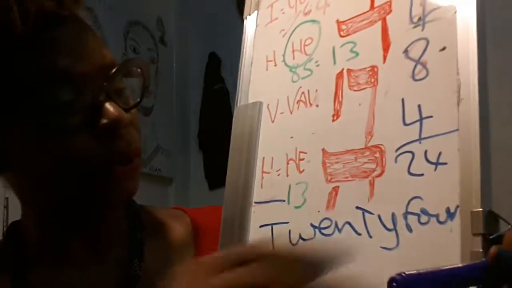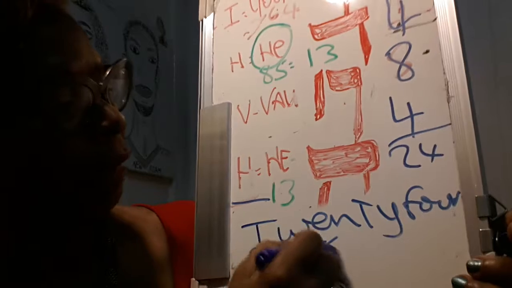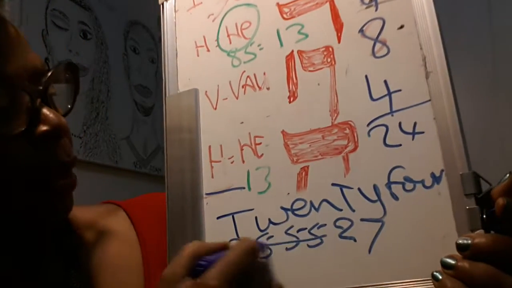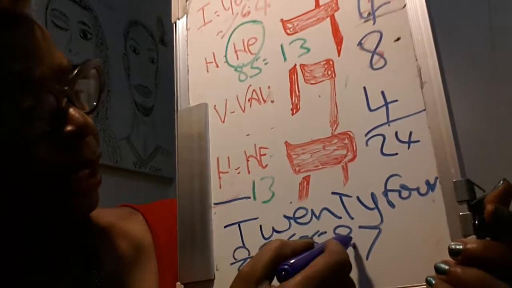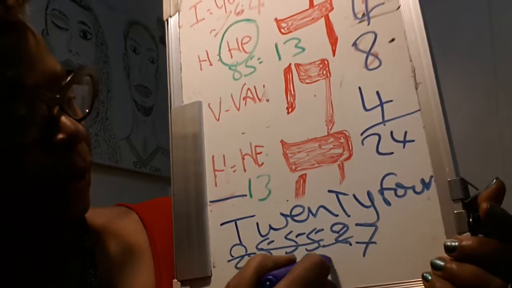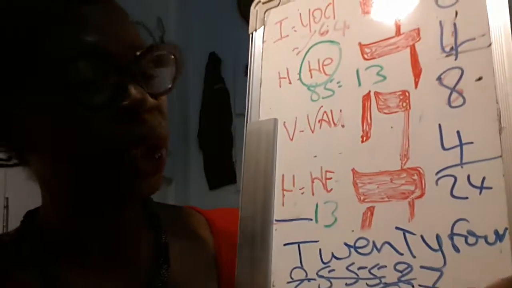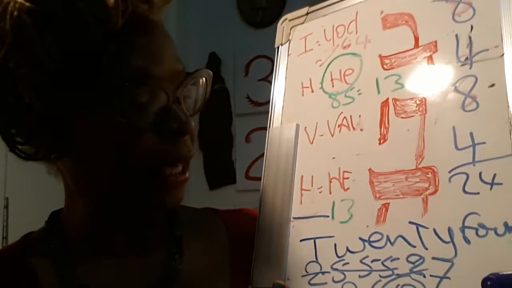Perhaps we ought to really do this here. 5, 5, 5, 2, 7, and add this up. This is 15. Well, 15, 17, 18, 19, 26. This is 2 plus 6 is 8. So in 20, which is foundational, we have God being reflected here.